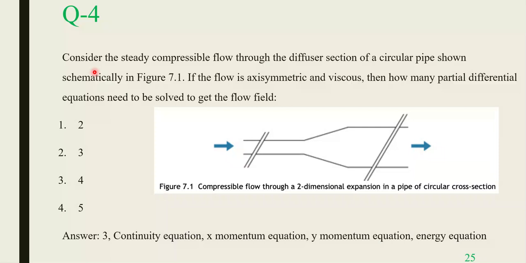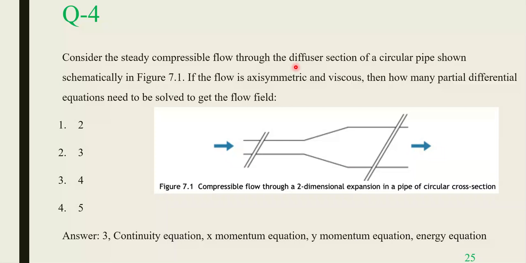Now we'll move on to question 4. It is asked that consider the steady compressible flow through the diffuser section of a circular pipe shown schematically in 7.1.